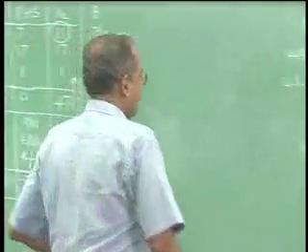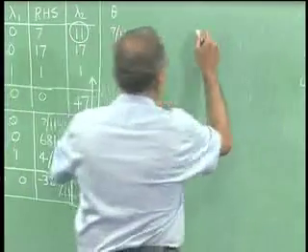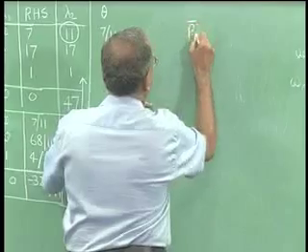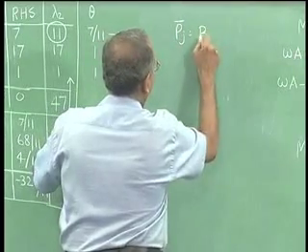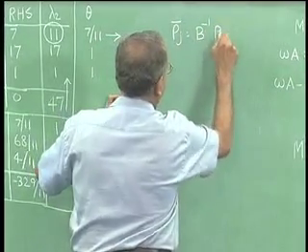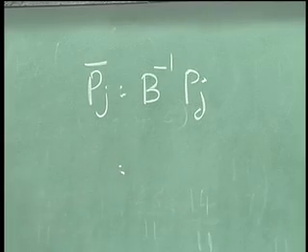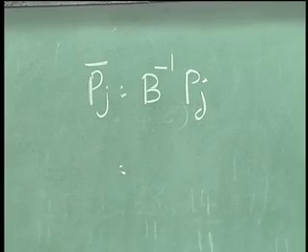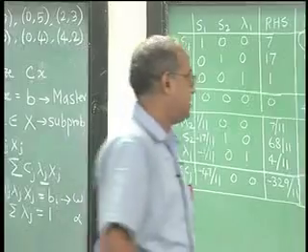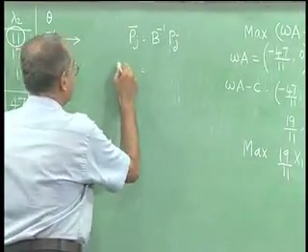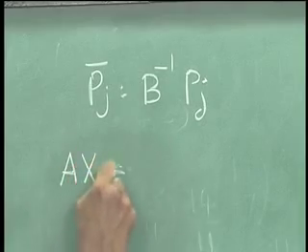So, p bar j is equal to b inverse p j, and in order to find out p j we need to do a x j 1. So, p j will be, so first we do a x j.